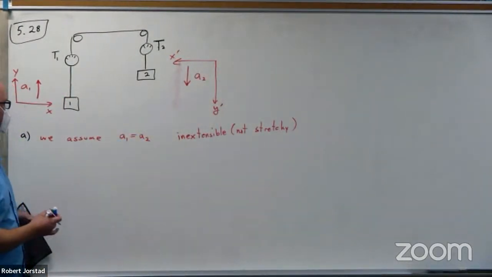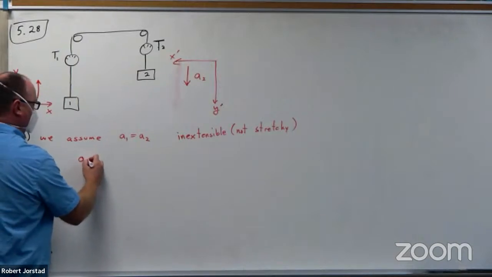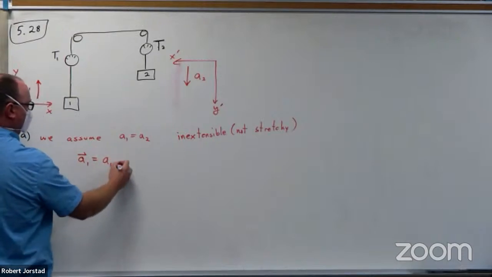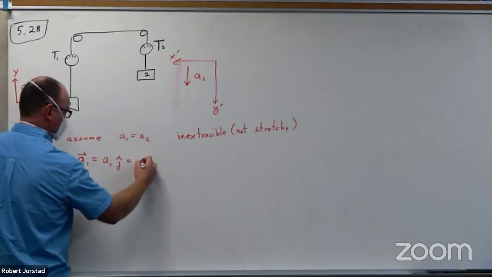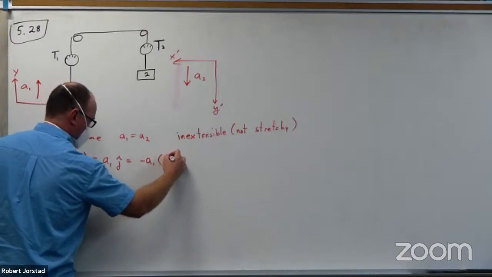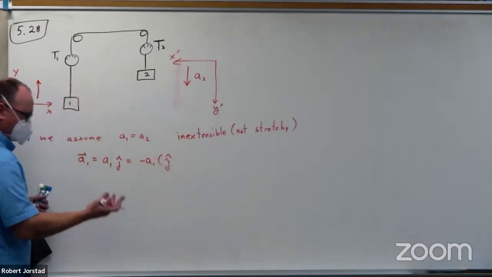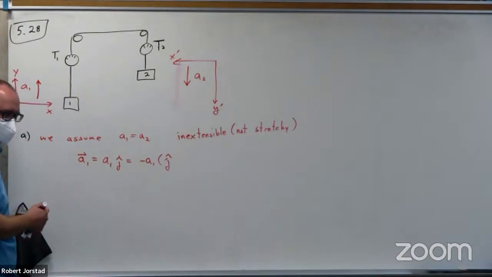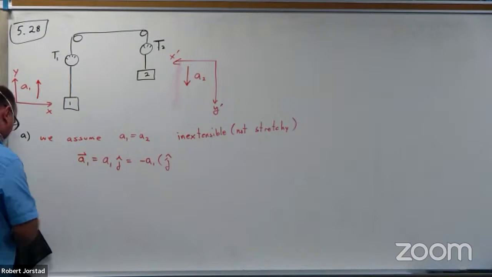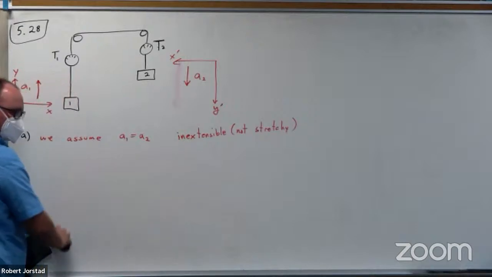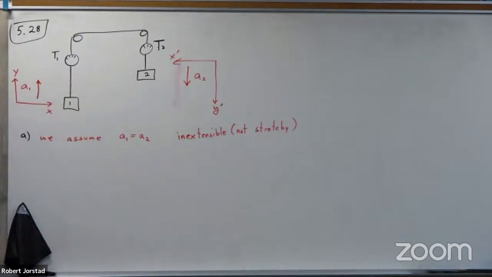So in this one, you could say A1 vector is equal to A1 in the J hat, or it's equal to negative A1 in the J prime hat, whatever that would be. I don't even know how to draw it. You know what I'm saying? Is that what you needed, or should I shut up? I think I'll understand it. We can talk about it more after. It's subtle, and it's going to take a little bit of effort, and it's not worth talking about. How about that? Okay. And I'll bring it up later if you care on the break.